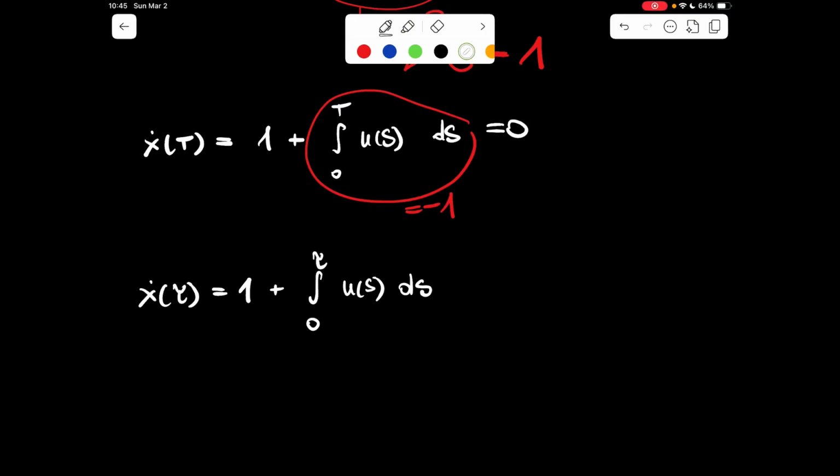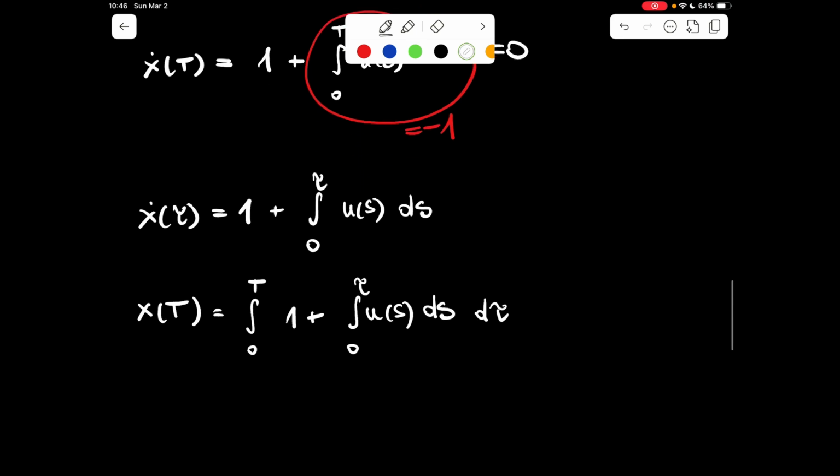And from this, it follows, from the fundamental theorem of calculus, that if we integrate the previous function between 0 and t, we receive the velocity at the end of the mission. So we have this integral. This is a double integral. Actually, this is the sum of two integrals.